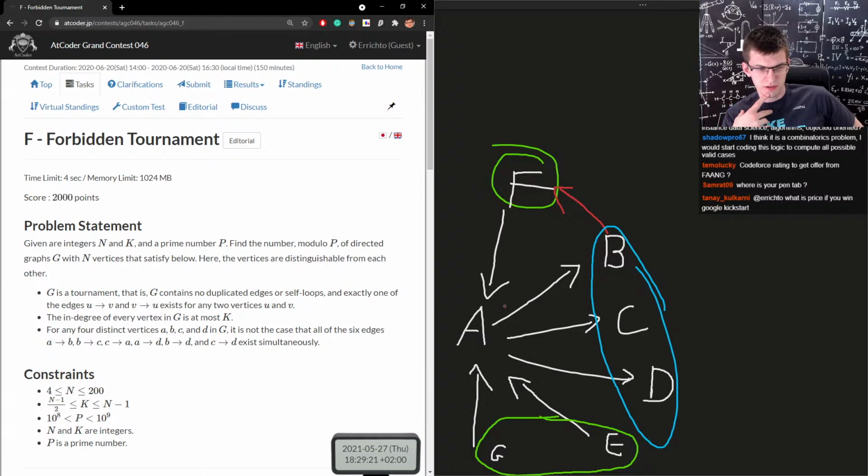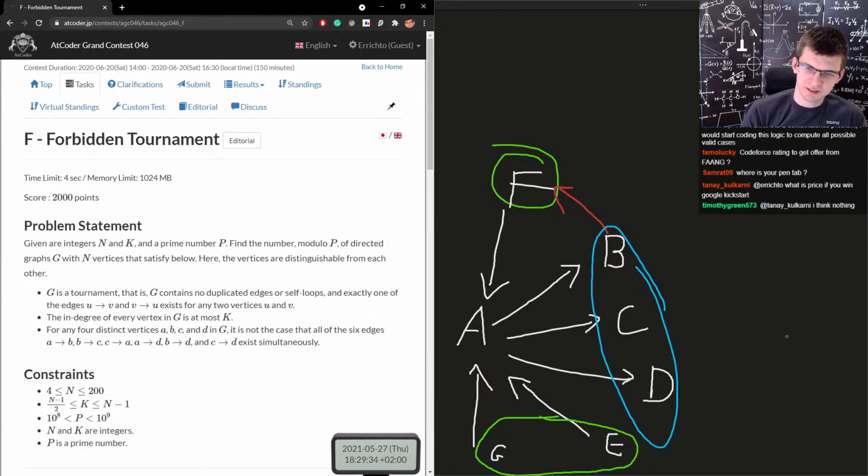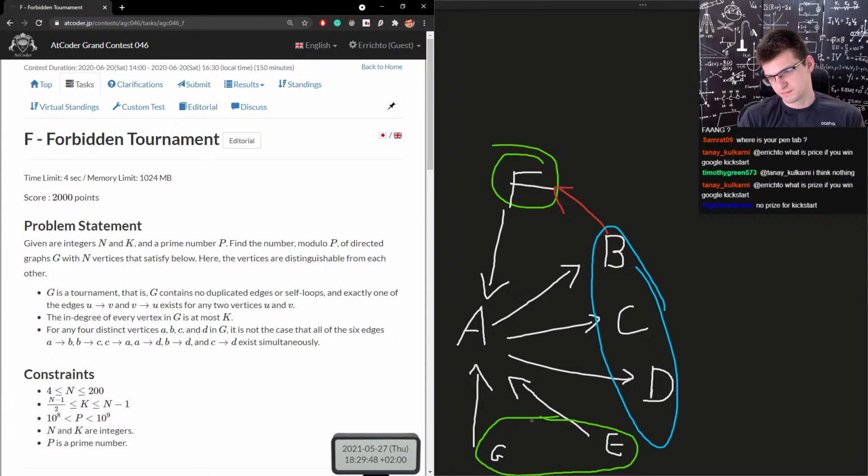What is the prize if you win Google Kickstart? You mean prize with Z? $20,000? You can check. Something like that. But Gennady keeps winning for the past 6 years, so it doesn't matter. That's basically Google's salary to Gennady Korotkevich. Oh, Kickstart, not Google Code Jam.